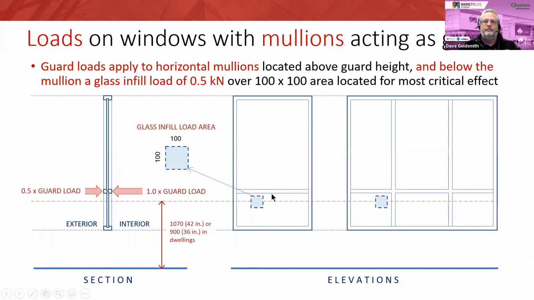The code doesn't specifically say that, but the engineers who are practicing here are saying, well, this horizontal mullion is functioning as a guard. So the engineer would say, well, it's reasonable then that if this was a glass guardrail and not a window, the glass below the guard would have to support the glass infill load.